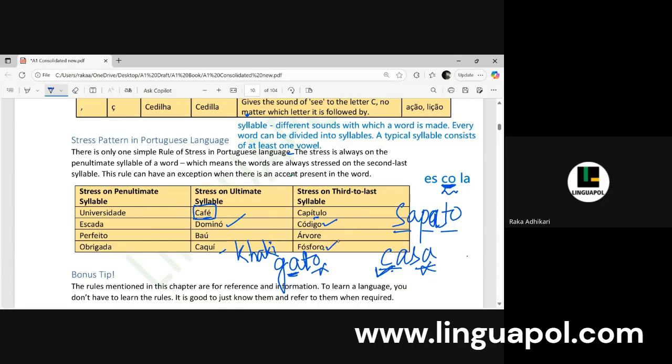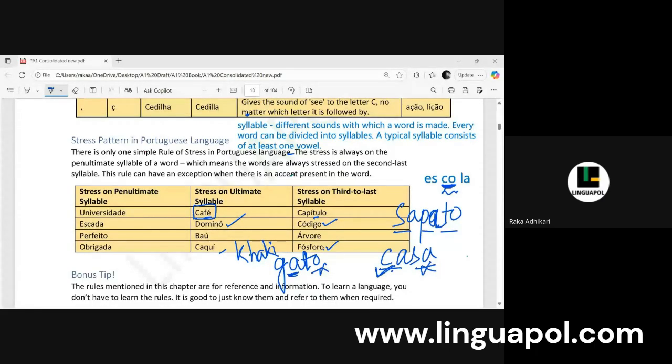Now the last word, anyone? Fósforo. No, it could be better. Yes. Others? Fósforo. Yes. Kind of.